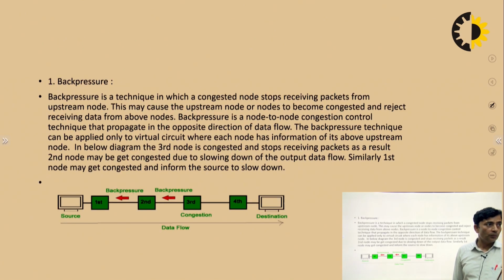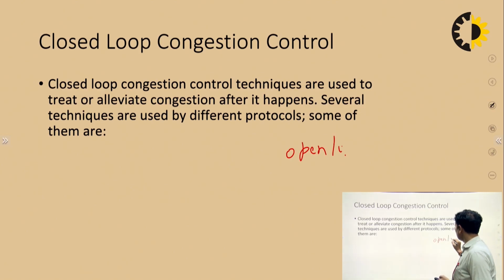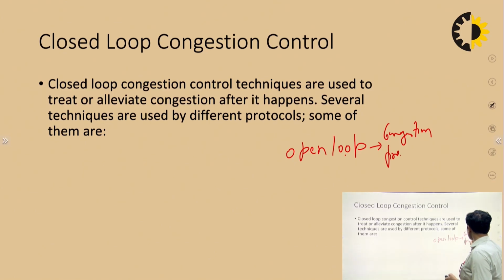And what about closed loop? Closed loop congestion control techniques are used to treat or alleviate the congestion after it has happened. So this is the basic difference. In open loop, we are talking about congestion prevention, so that congestion can be avoided.